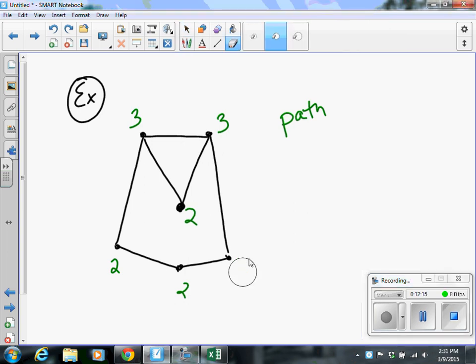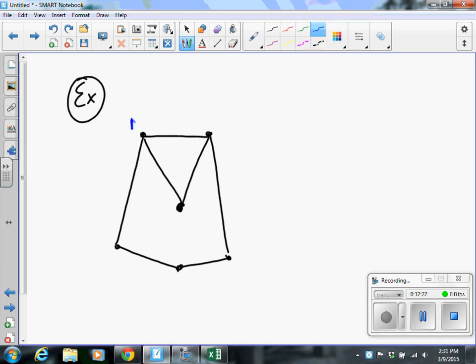Based on this same picture, if I start at A, where must I end? Going back to our vertices here, if I start at A, that's my odd, I have to end at the other odd. So my answer then is B.